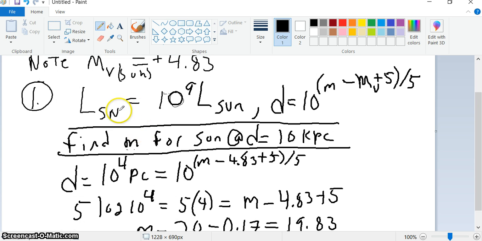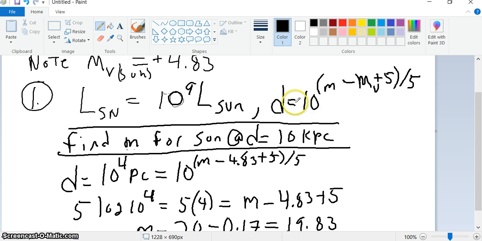Anyhow, here's problem number 1. It tells us that there's a supernova that has a luminosity of, sorry, not 10 billion, 1 billion times the luminosity of the sun, so that would be 10 to the 9th times the luminosity of the sun.